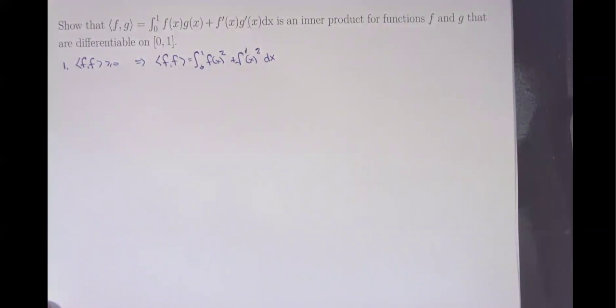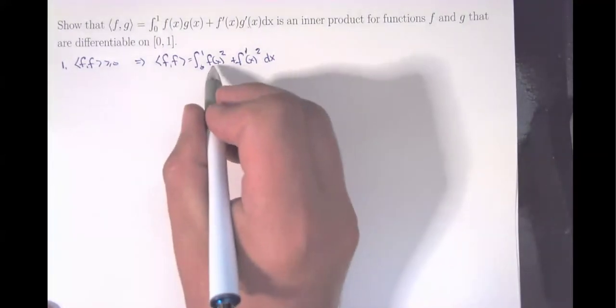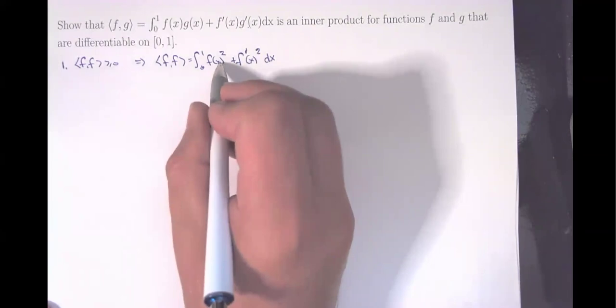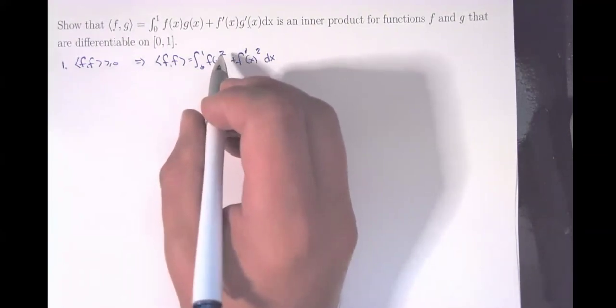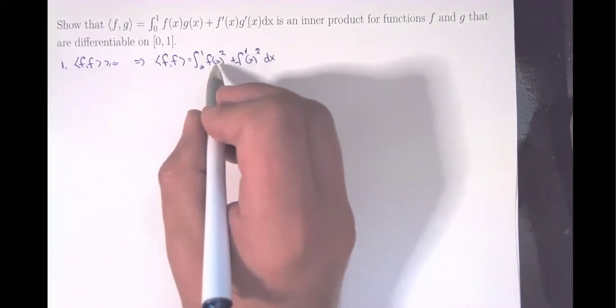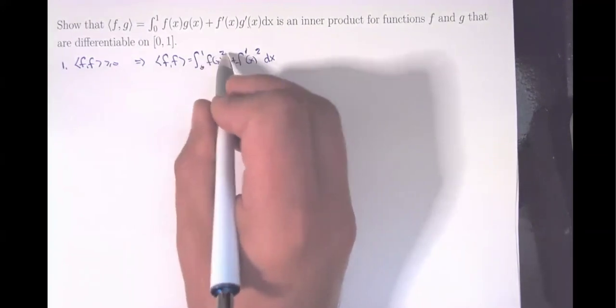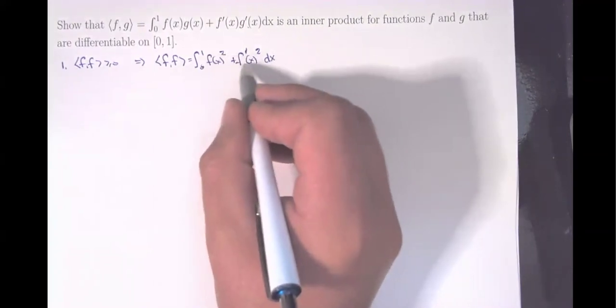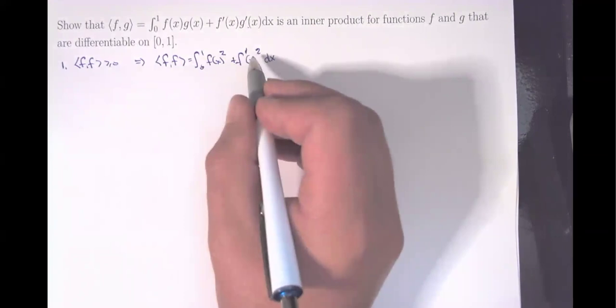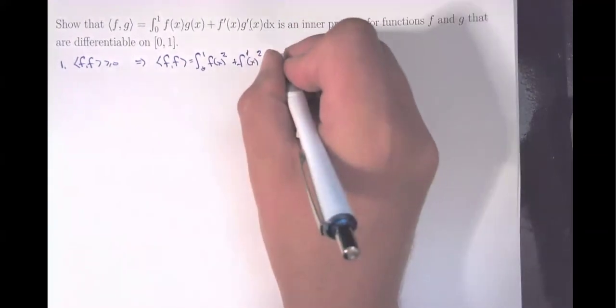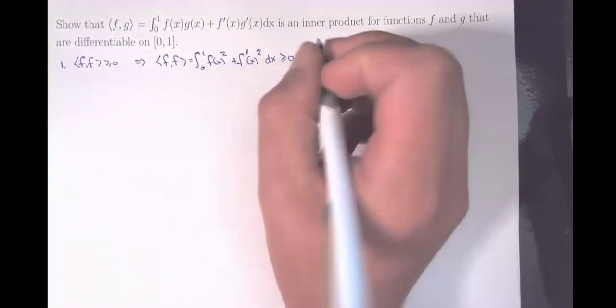So this inner product, if we look at it, if f is different from 0, let's even backtrack a sec. Whatever f is, f of x squared is greater or equal to 0. Whatever f is, f prime of x squared is greater or equal to 0. So this thing has to be greater or equal to 0.